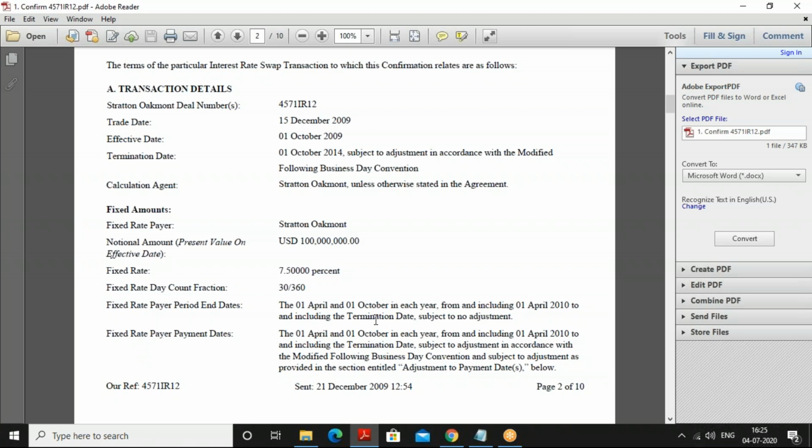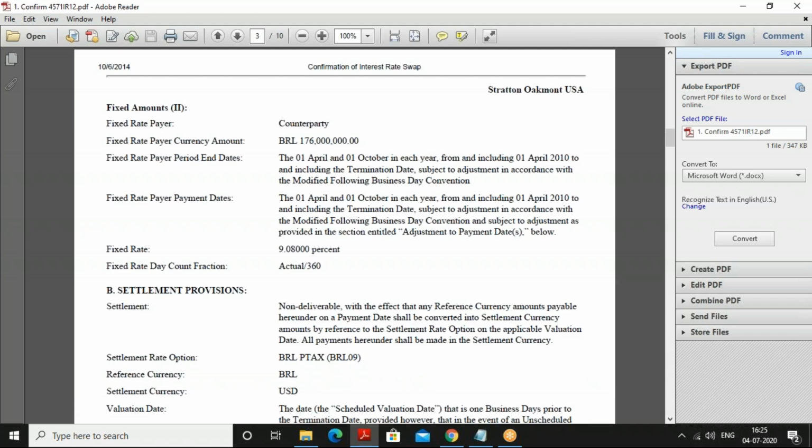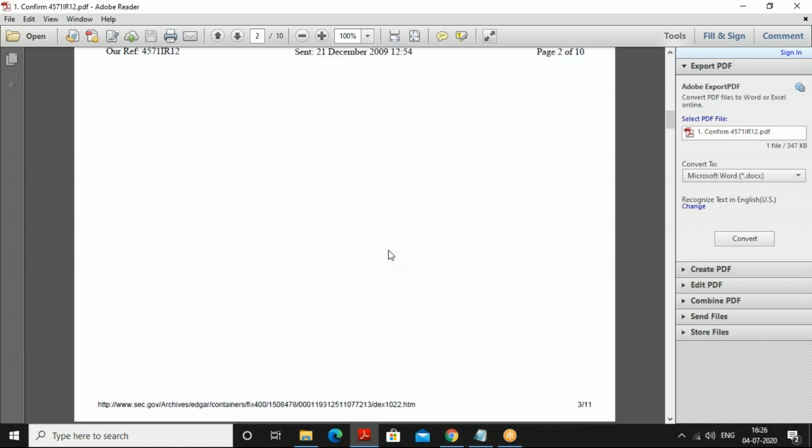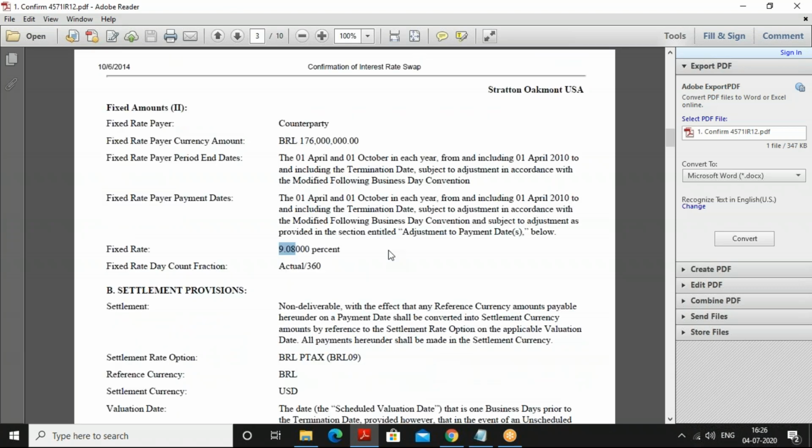If you look at the counterparty, they are on a different currency, BRL, Brazilian lira, and they're also on a fixed rate of 9.08%. This guy here is on USD 100 million with a 7.5% fixed rate, and this guy is on BRL 176 million with 9.08%.